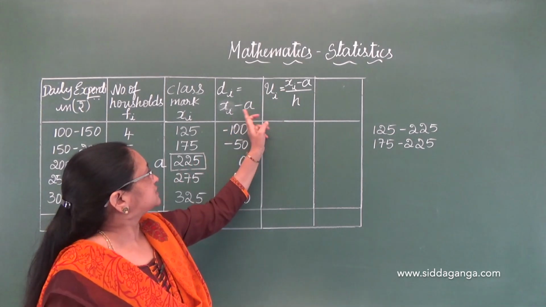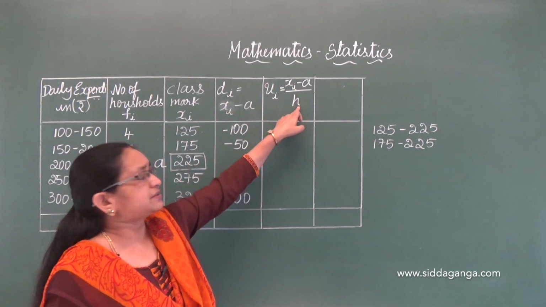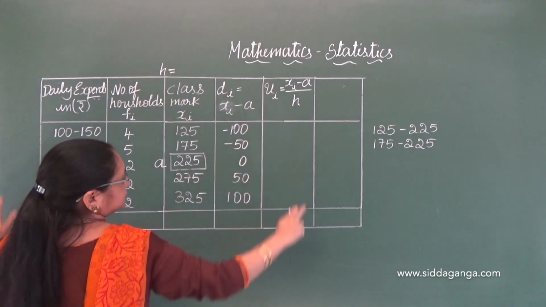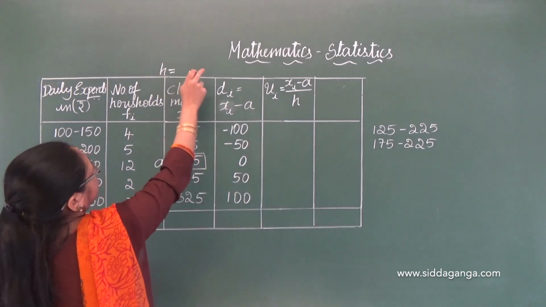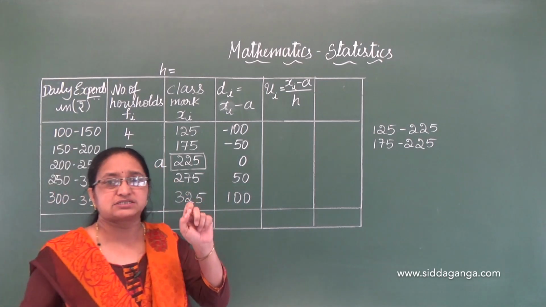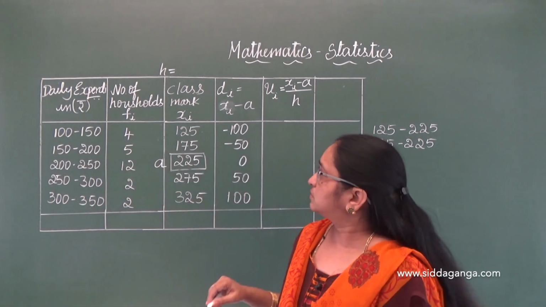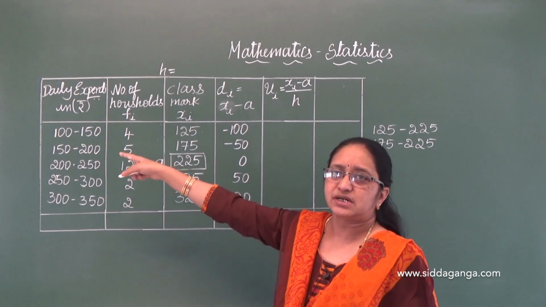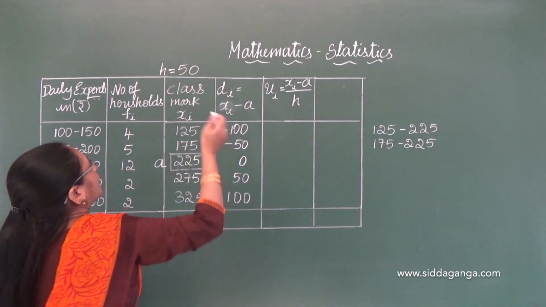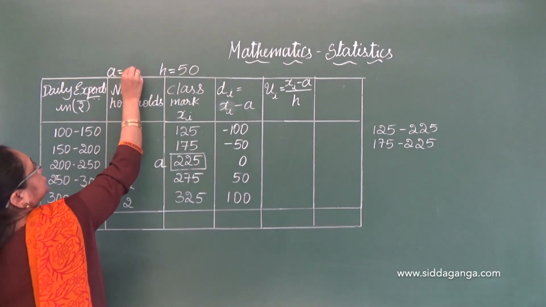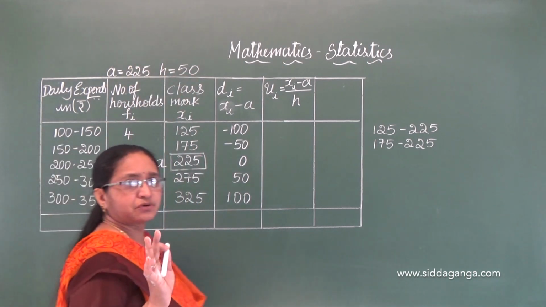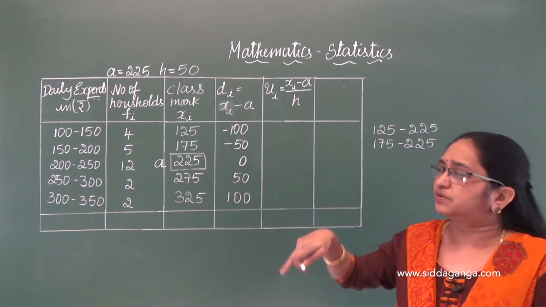Xi minus A is this column, divided by h. So what is h here? You can write it at the top of the box here. h is the class width. What is the class width here? 150 minus 100, that is 50. 50 is the class width, and you can write A is equal to 225 also, because A also you can write here. Okay. So this should be your outlook of the problem.